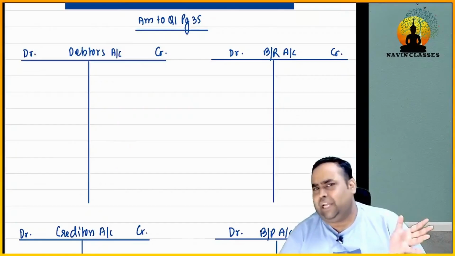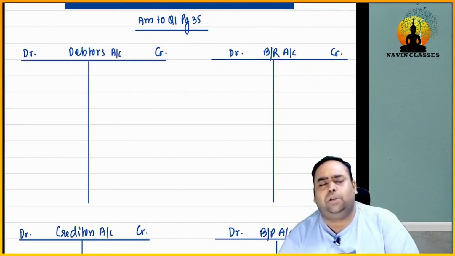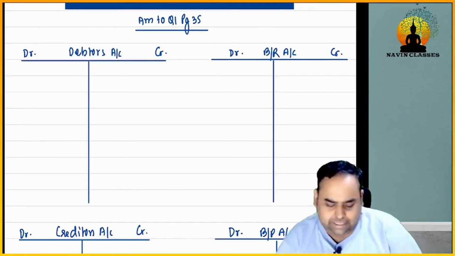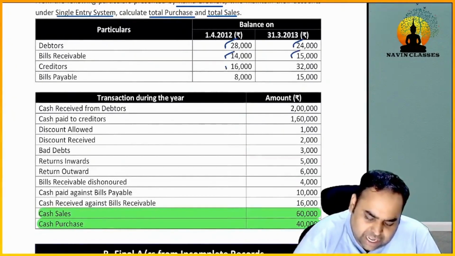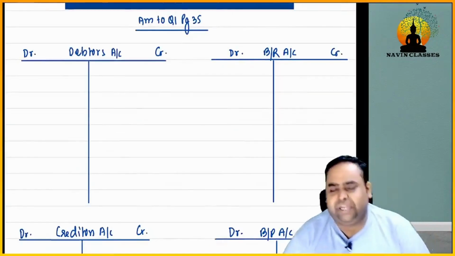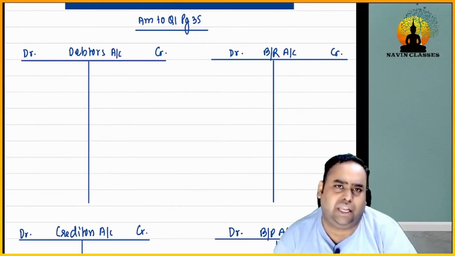Now pay attention and tell me, with whatever knowledge you have, can you enter the opening balance and the closing balance in these 4 accounts? These 4 balances are given to you here, the opening and closing of all 4 items. If you can enter it on your own, then it would be great.